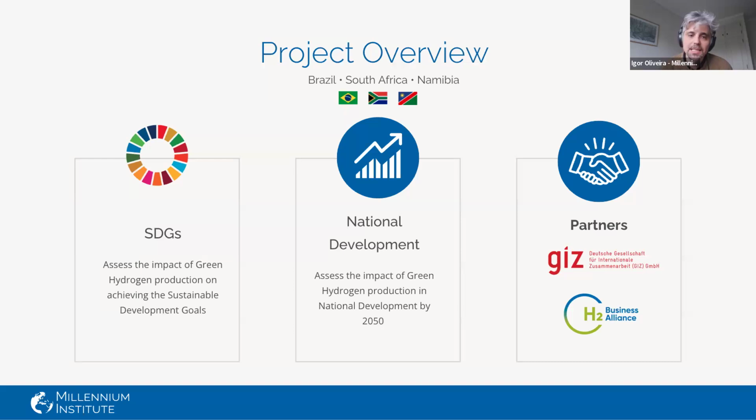We try to understand exactly what those trade-offs are and what opportunities it creates for the country to maximize its performance across all SDGs, right? So that's in a nutshell what we do and what we did with this project.